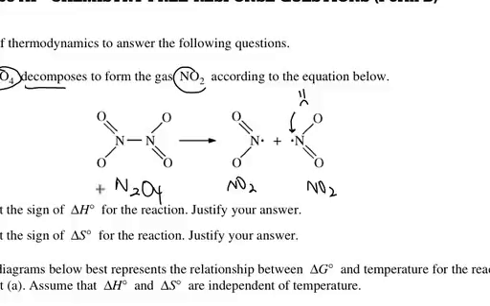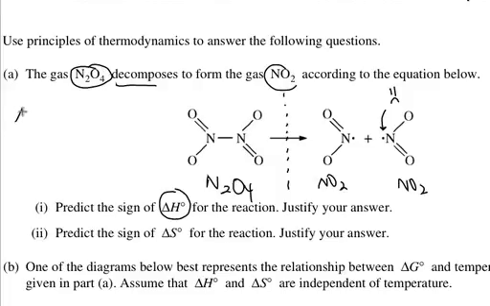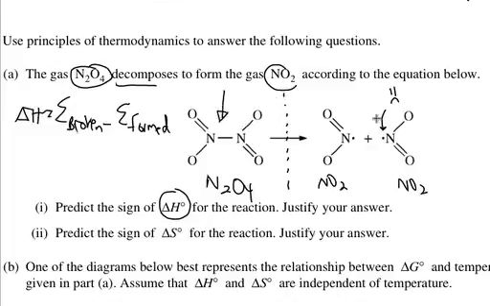For the first question, it says predict the delta H for the reaction. There are many ways to go about doing this, but let's just fall back on the information that we know so far. We know that delta H equals sum of broken minus sum of formed. And in this reaction, there are only bonds broken.